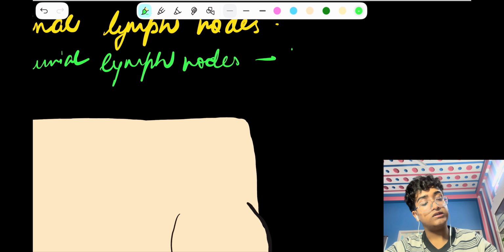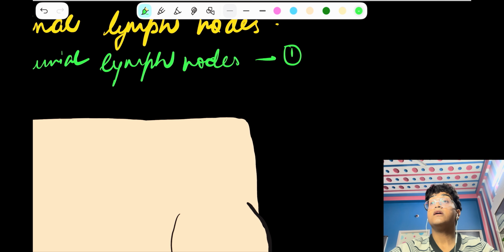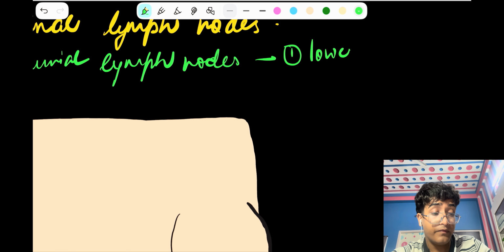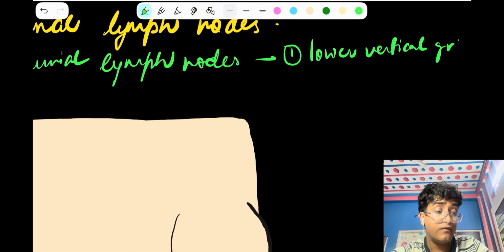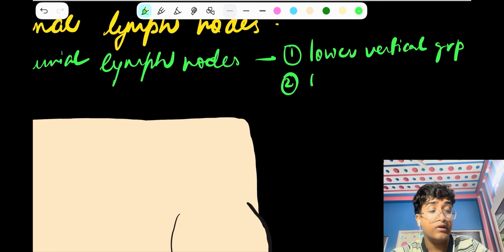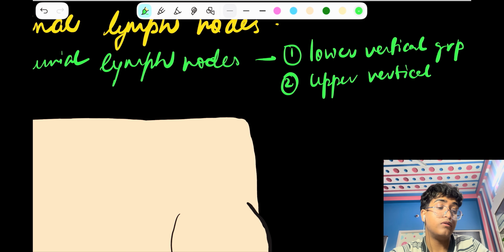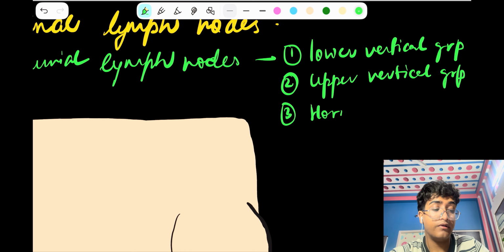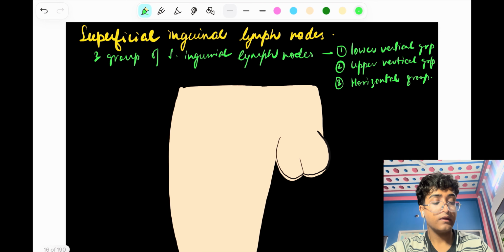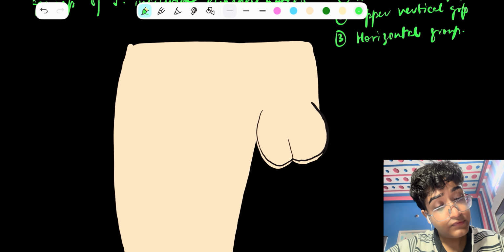Number 1, lower vertical group. Number 2, upper vertical group, and number 3, horizontal group. See, the lymph nodes are present here.